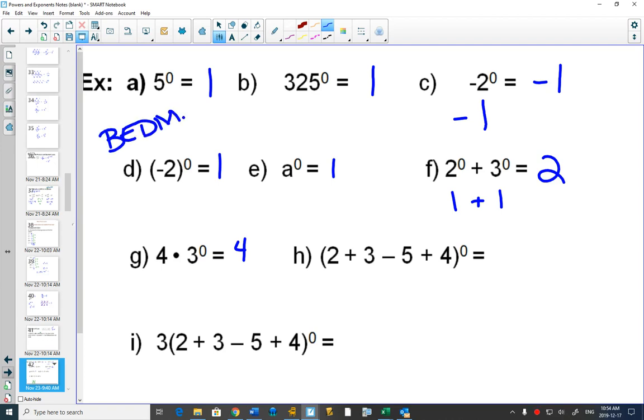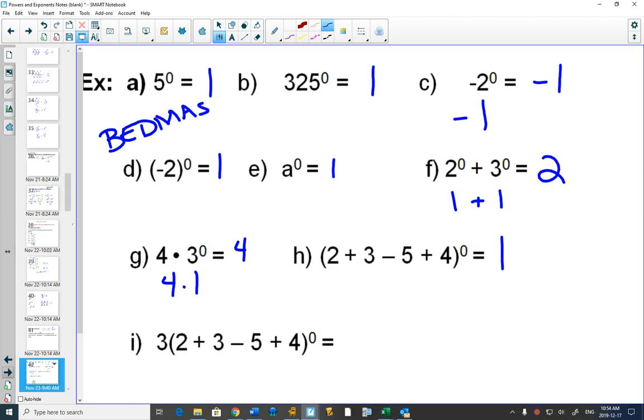BEDMAS says I should do the exponent before I multiply. So 3 to the 0 is 1. And then 4 times 1 is 4. 2 plus 3 minus 5 plus 4, to the power of 0, is 1. Because you do the brackets first. That whole thing is equal to 4. And then you have 4 to the 0, which is equal to 1.